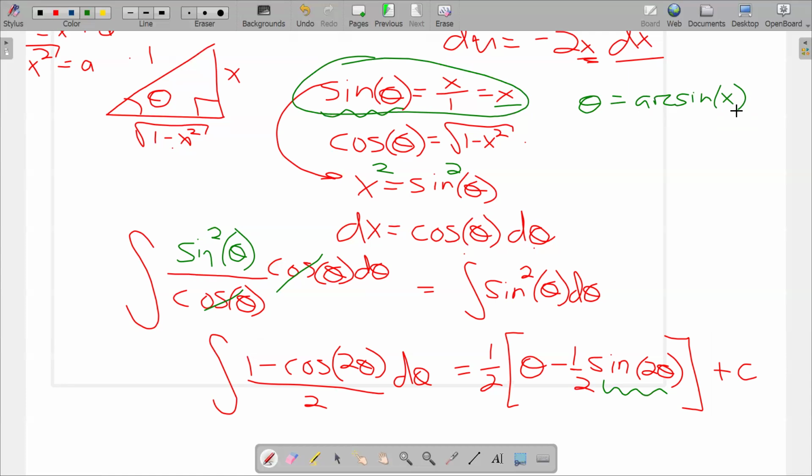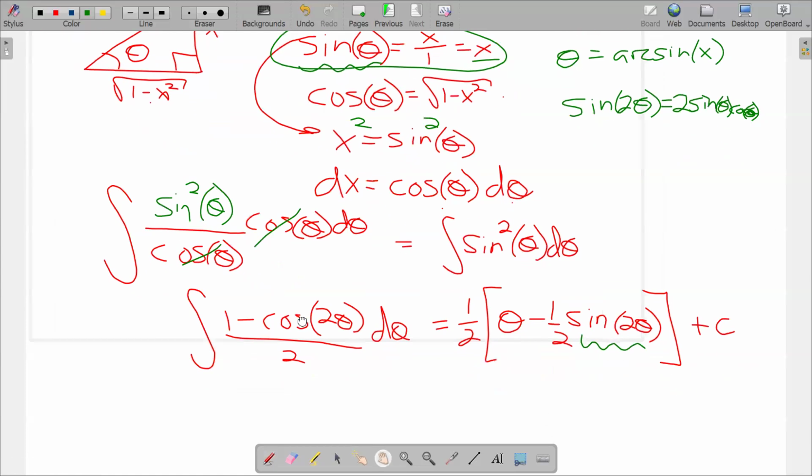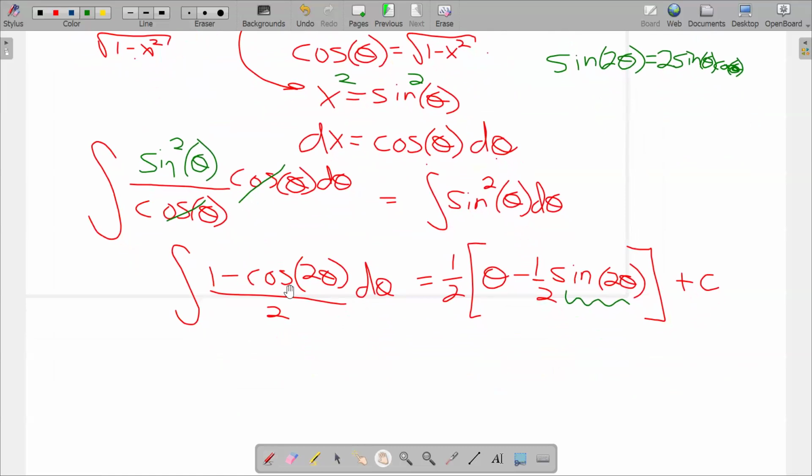The other thing we'll need here is that the sine of 2 theta is equal to twice the sine of theta times the cosine of theta. All right, so let's do that. Before I reverse substitute, an intermediate step: this part here is twice sine of theta, cosine of theta.